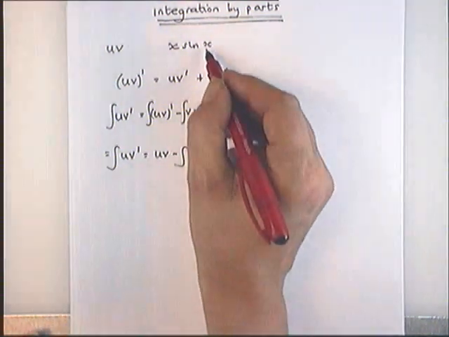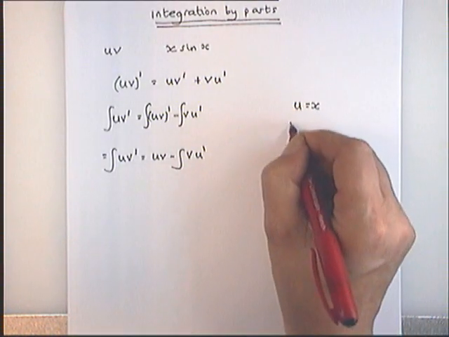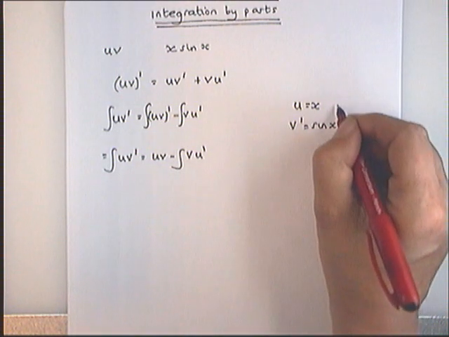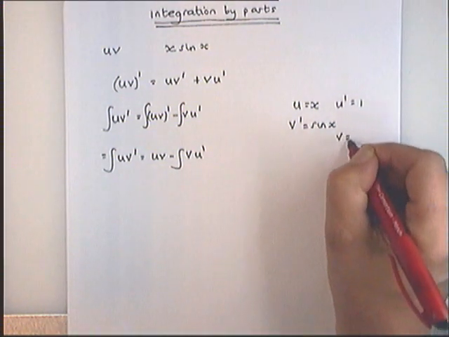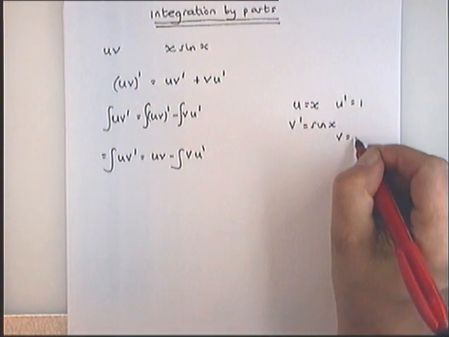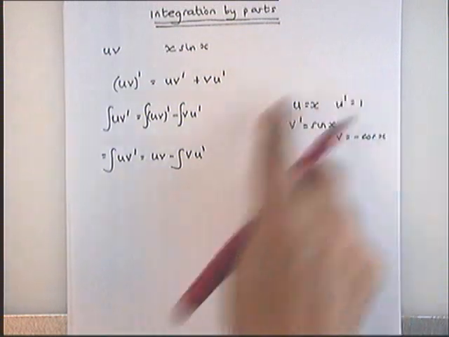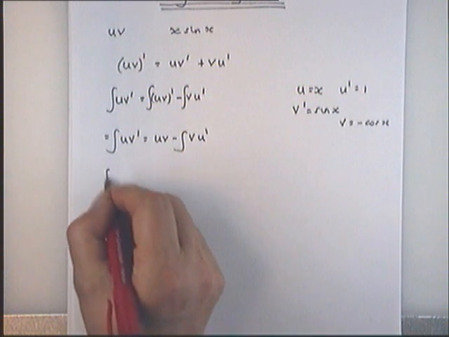So if we're going to now integrate this, I'll call u x and v' sine x. u' then becomes 1, and v, or the integral of sine x, is going to be minus cos x. So we've got all four terms now, so all we've got to do is substitute.